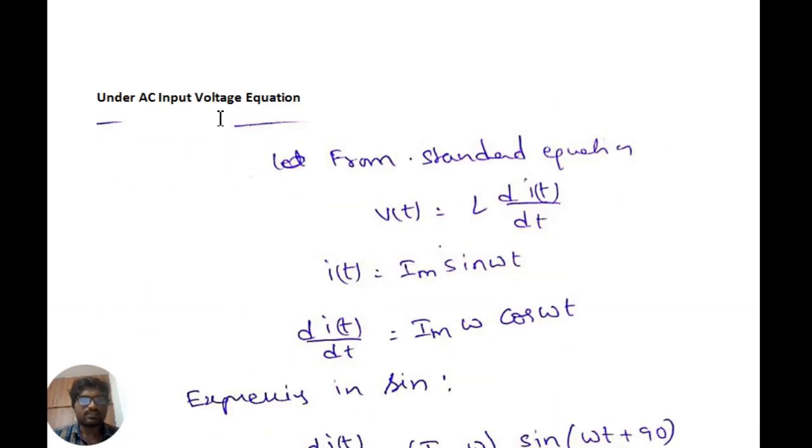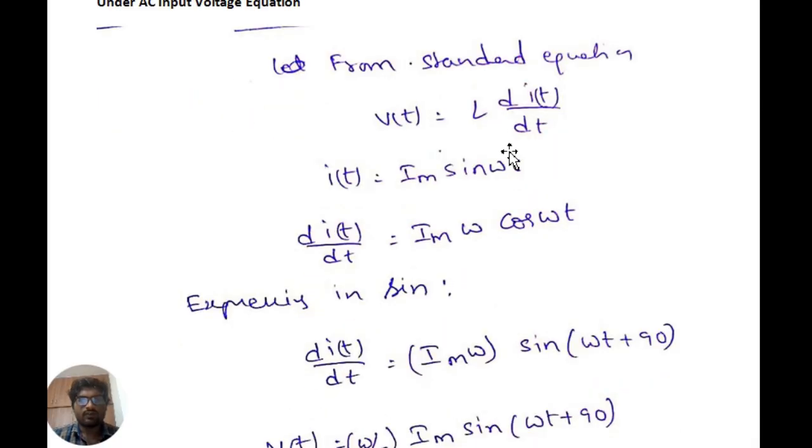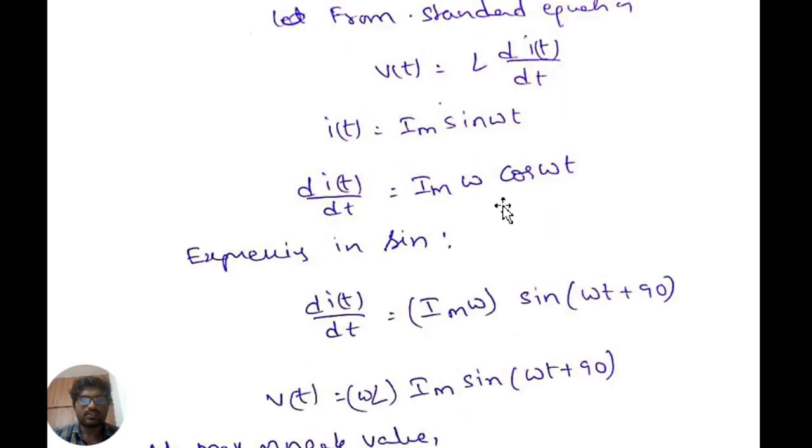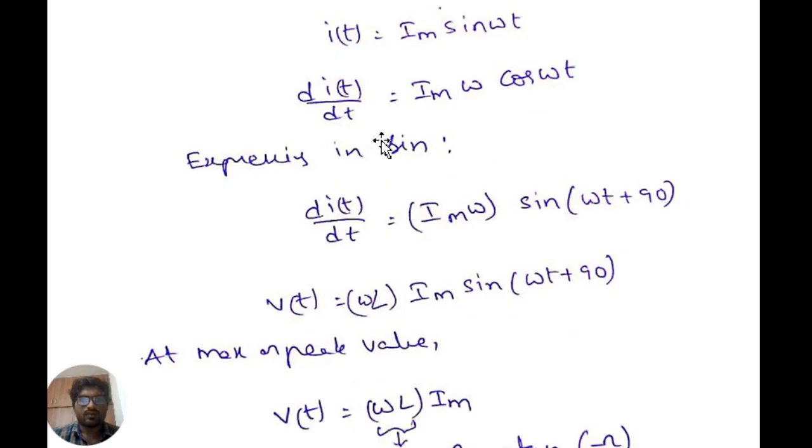Under AC voltage equations, we apply an AC current. The AC current will be Im sine omega t. If we differentiate it, we get Im omega cos omega t. If we write the same equation in sine terms, it is sine of omega t plus 90.